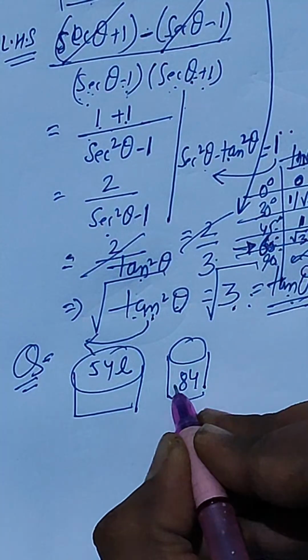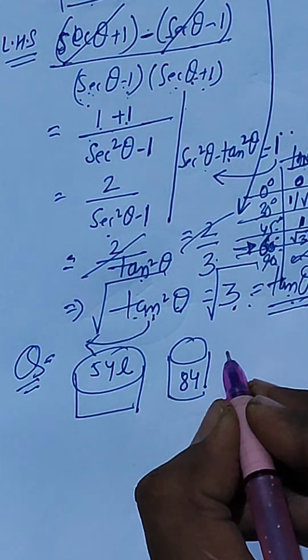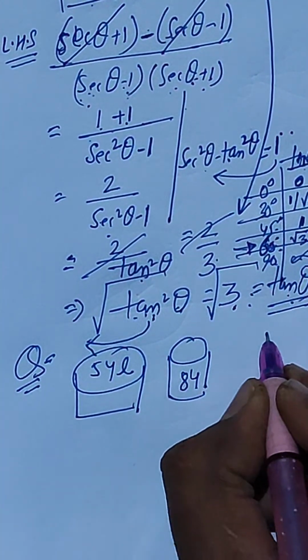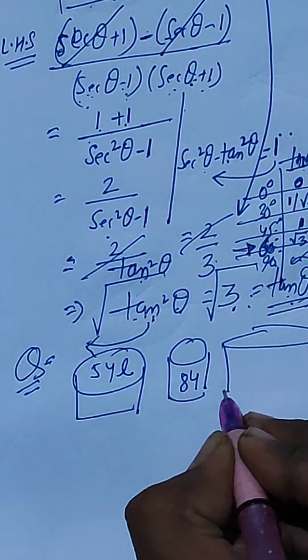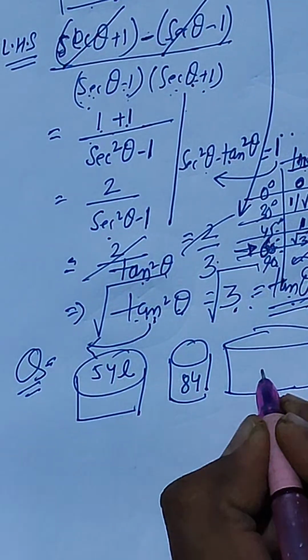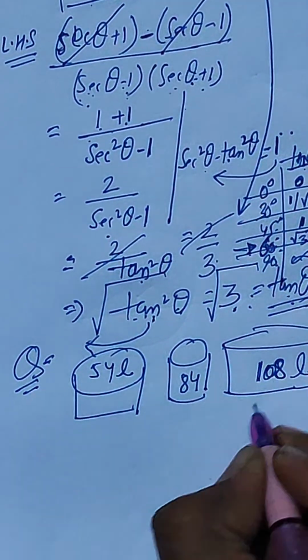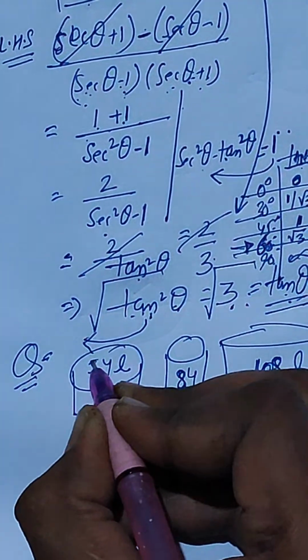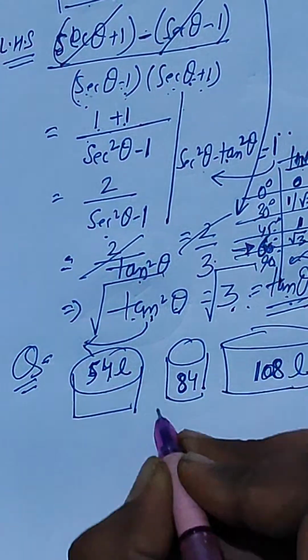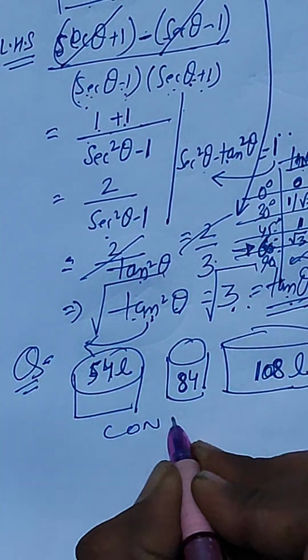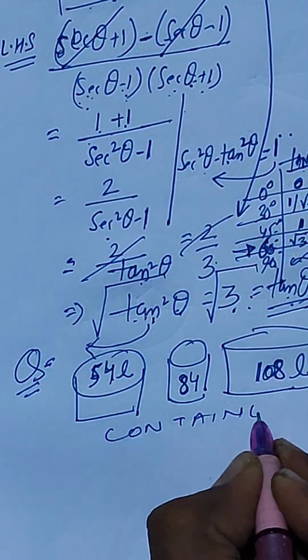Don't see the containers as per the scale. Please forgive me for this. The size can be wrong, but try to understand the content only. So it's 108 liters, 84 liters, and 54 liters. Three containers. These are the containers, right?